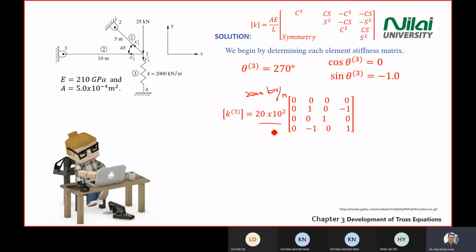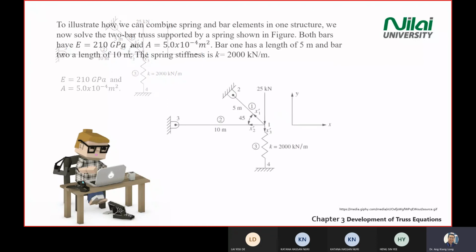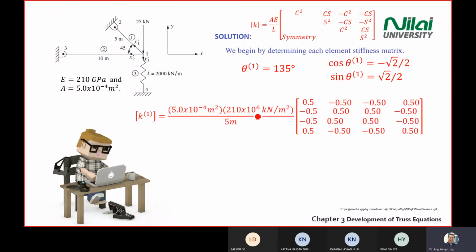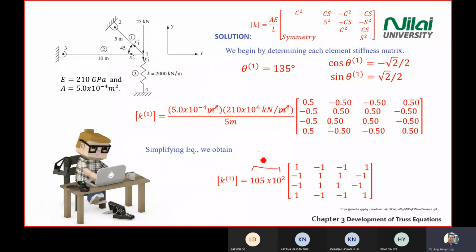So this whole thing is in kilonewton over meter. Okay. So the same with the previous one. So if you calculate the AE over L, we take this one and times this one, you will get kilonewton over meter also. Yeah. This one cancels by this one. So you get kilonewton over meter. Yeah. So this term here is kilonewton over meter.